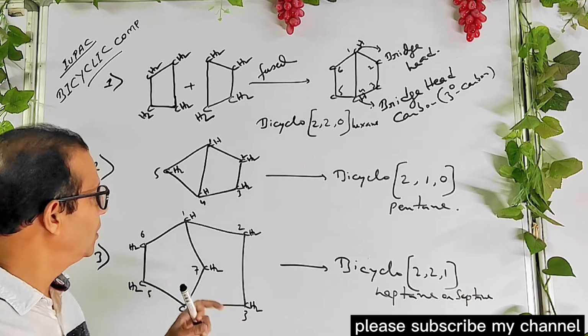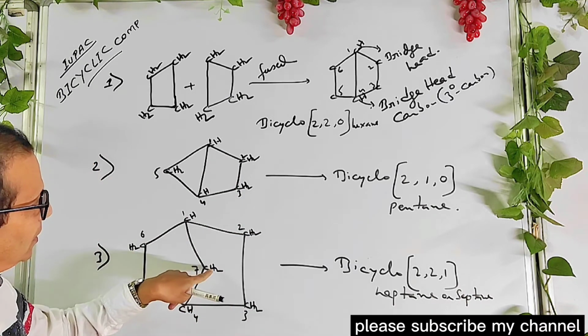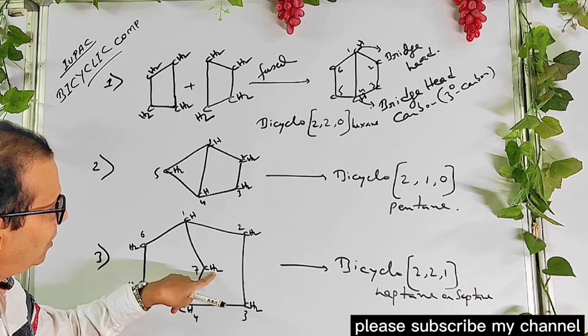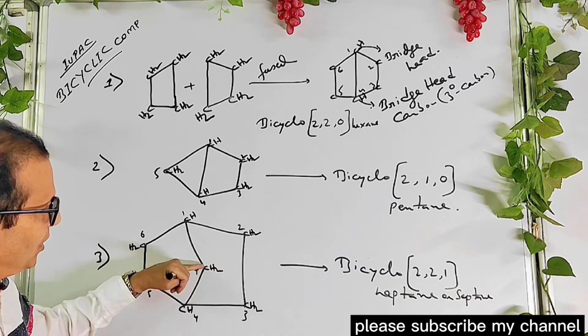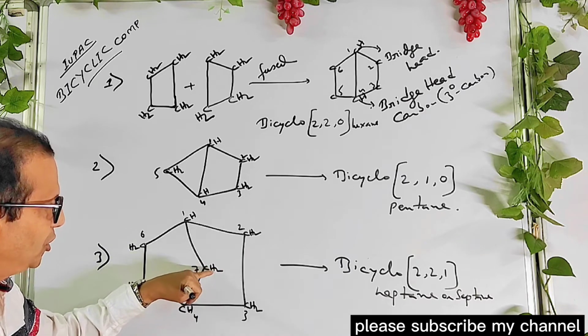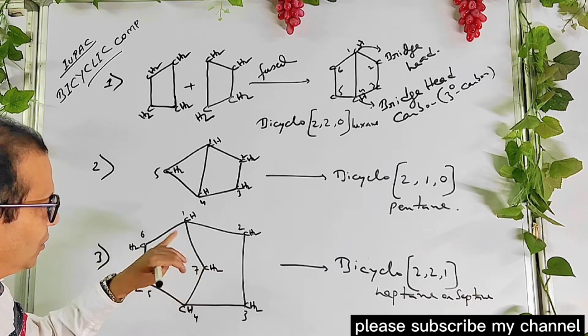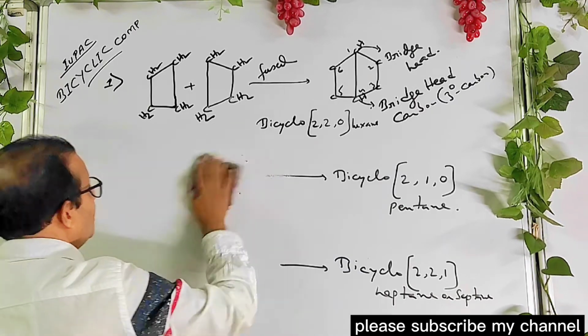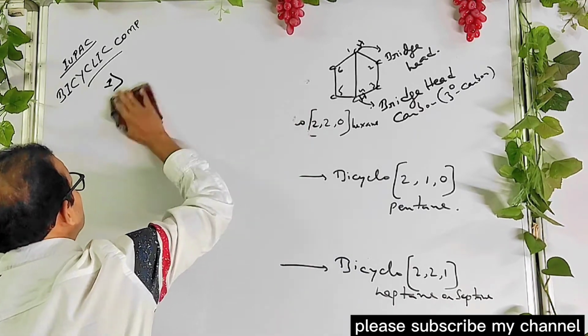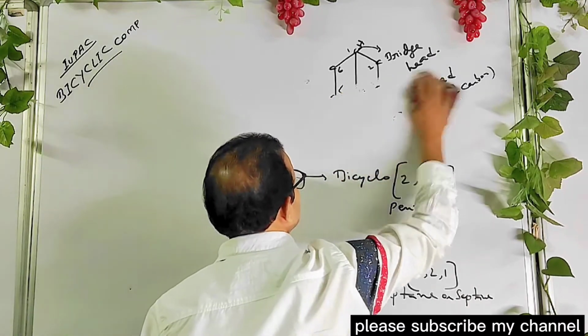Now 1 or 2 hydrogen atoms of this carbon may be substituted by alkyl groups. Remember, in bicyclic compounds, two cycloalkanes are fused.